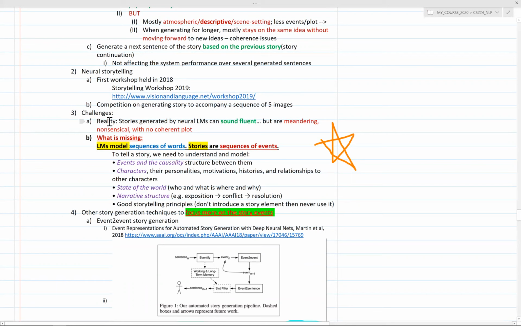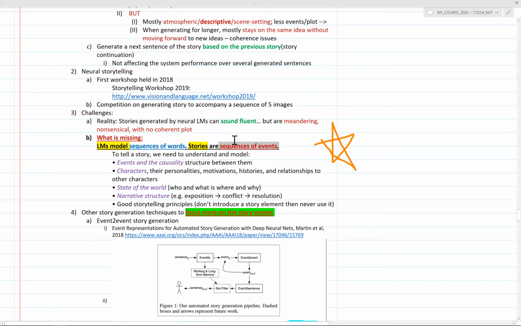The challenge with the storytelling problem is that the stories it generates can sound pretty fluent, but in the meantime they are nonsensical, without a coherent plot in the bigger picture. What is missing, compared with language modeling, is that stories are more like a sequence of events, instead of language modeling, which is a sequence of words.